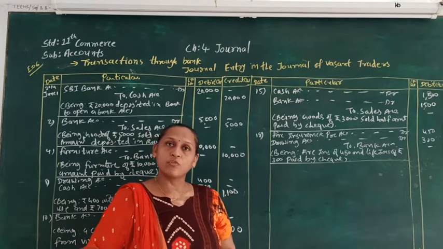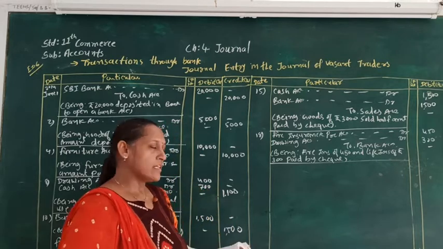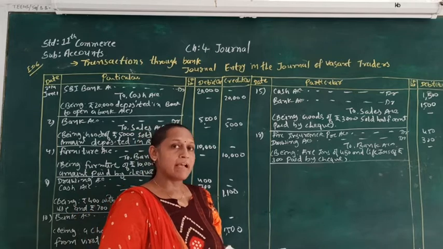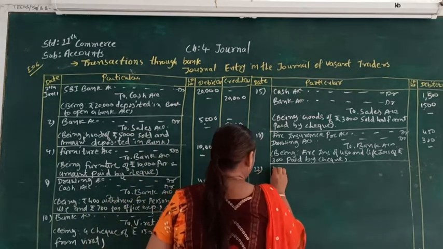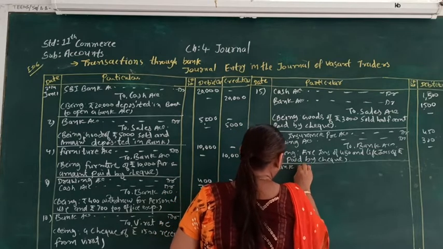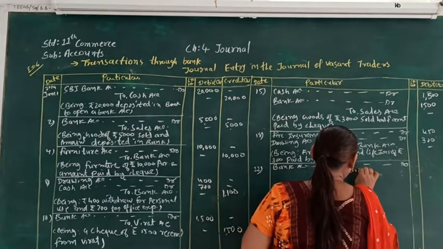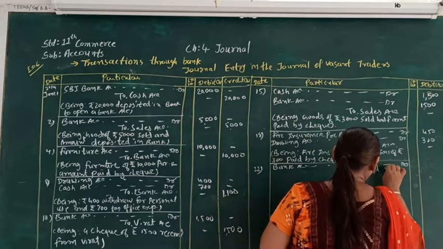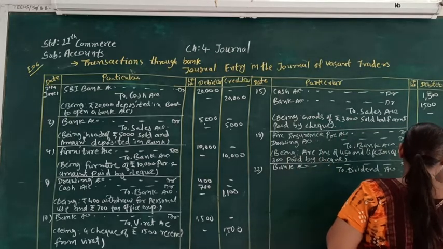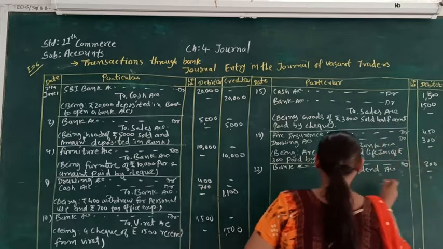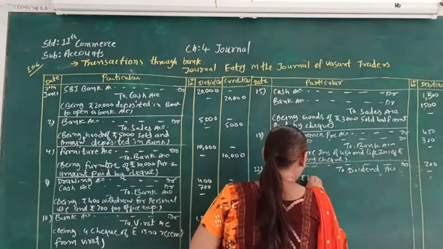So income account is going to be credit and the check is received by bank. So bank account is going to be debit. So our journal entry will be bank account debit to dividend. And the amount will be 200. Being rupees 200 dividend received.